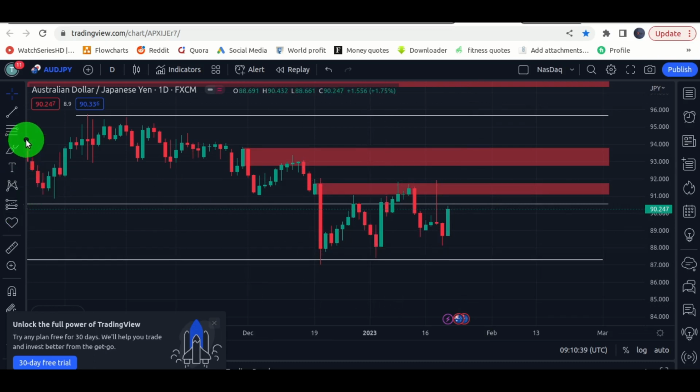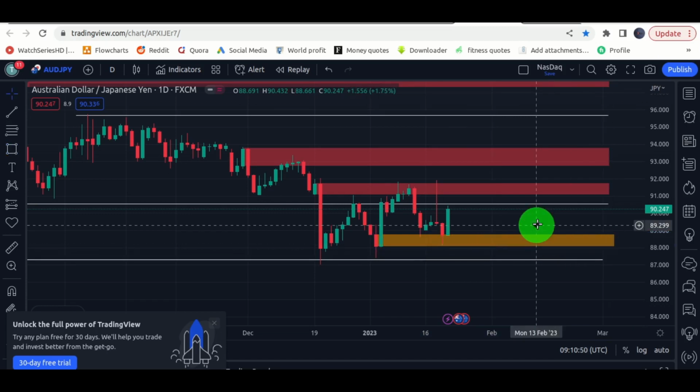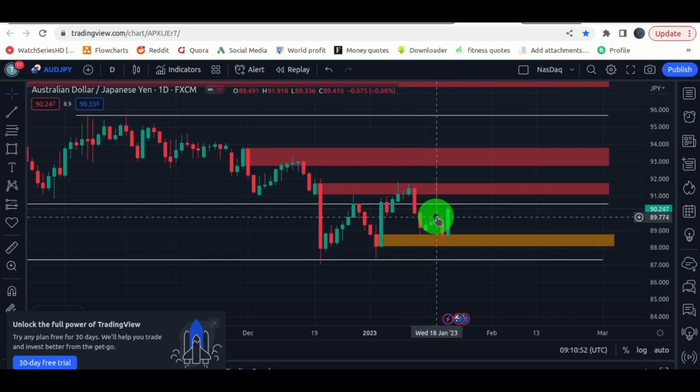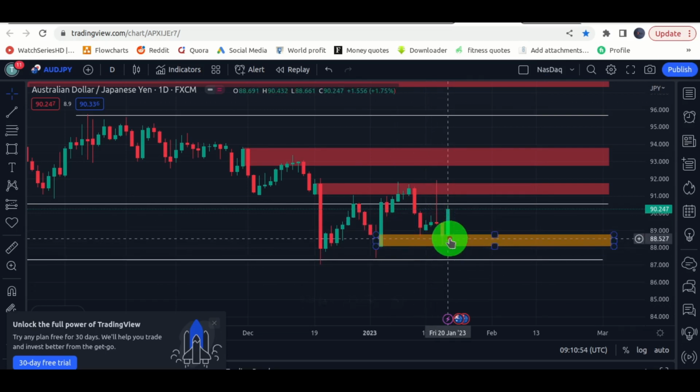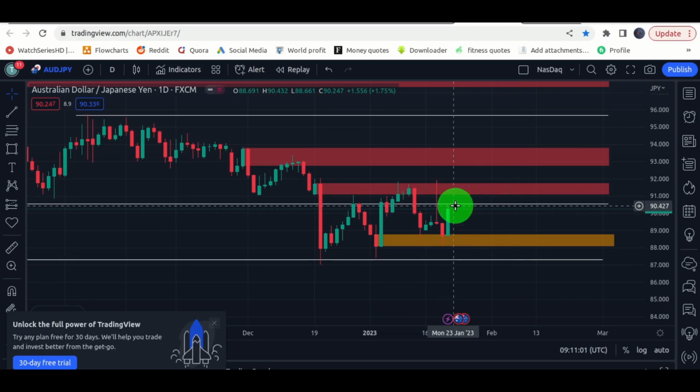Let's see, we have another order block. This one is going to be tricky. It's going to be tricky because it seems like it went inside of the other block and then it sold. And where it is right now, it's pretty much in a no man's land. So for AUD JPY, I would advise waiting.